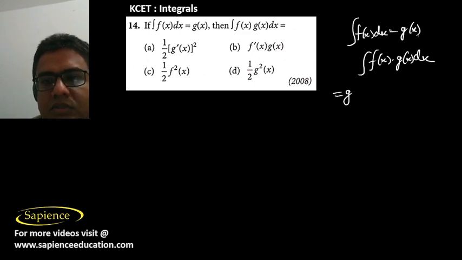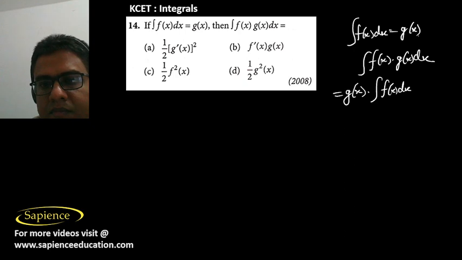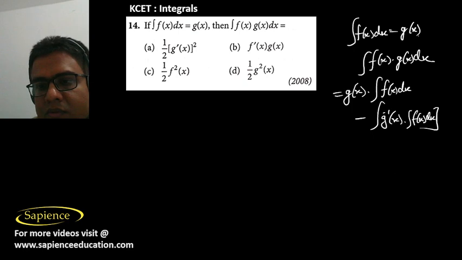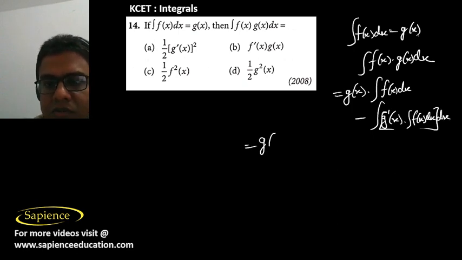So this we can write as g of x into integral of f of x dx, minus integral d by dx of g of x, that is g dash x, into integral f of x dx, whole integral dx. So this will be g of x into g of x minus integral g dash x into g of x dx.